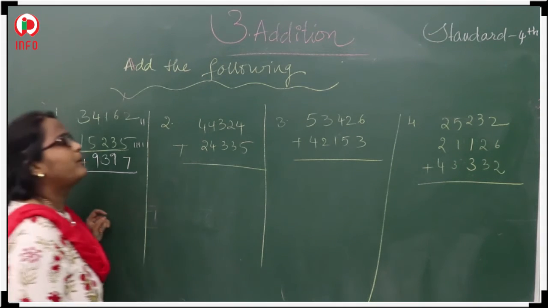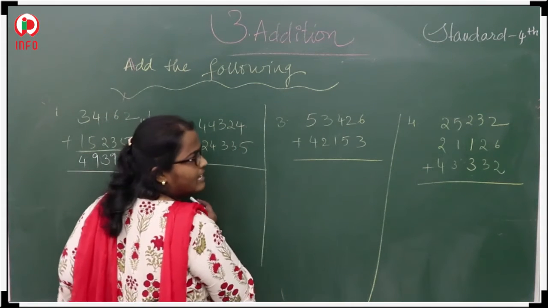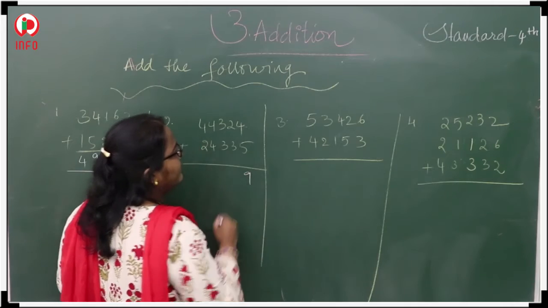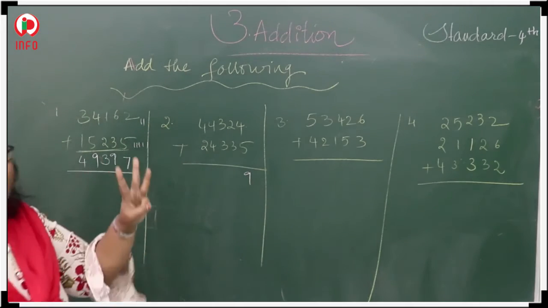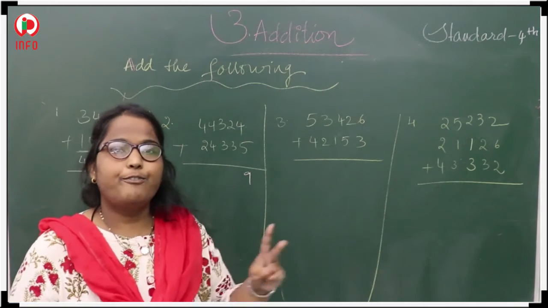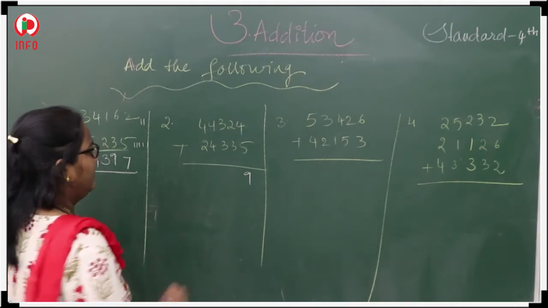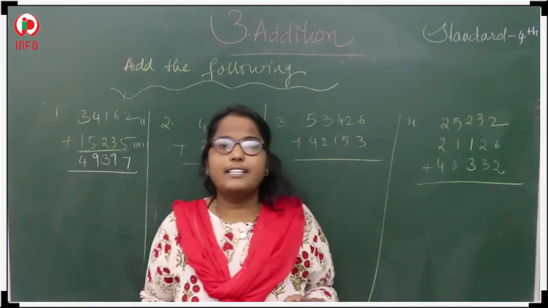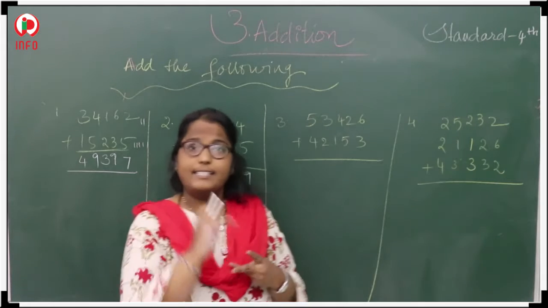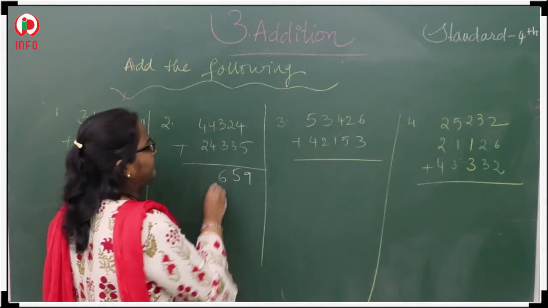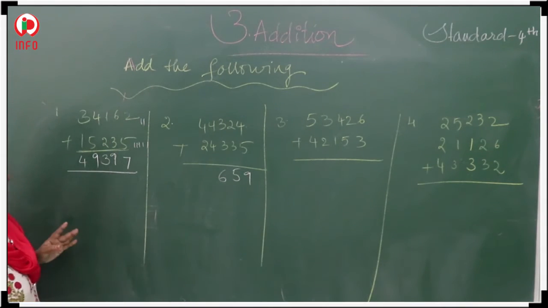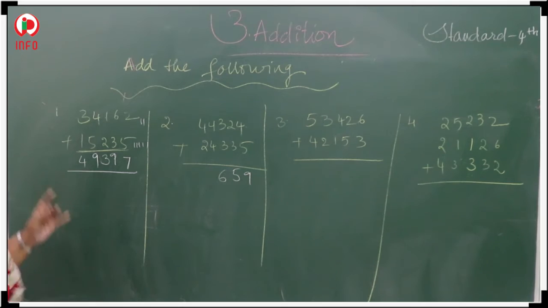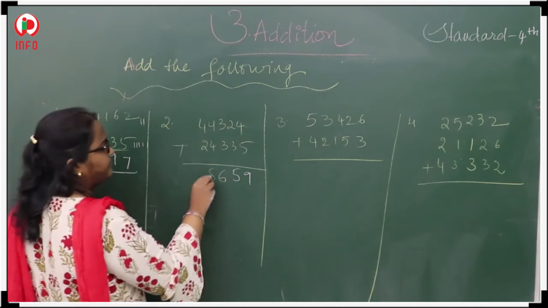Again here, 4 in the mind, 5 fingers out, 9. 2 in the mind, 3 fingers out, 3, 4, 5. 3 in the mind, 3 fingers out, 4, 5, 6. 4 in the mind, 4 fingers out, 5, 6, 7, 8.